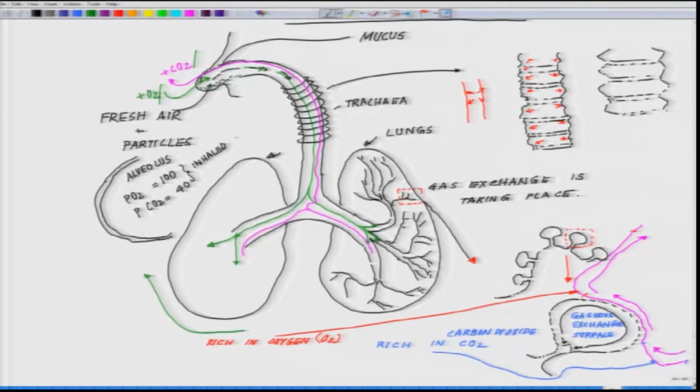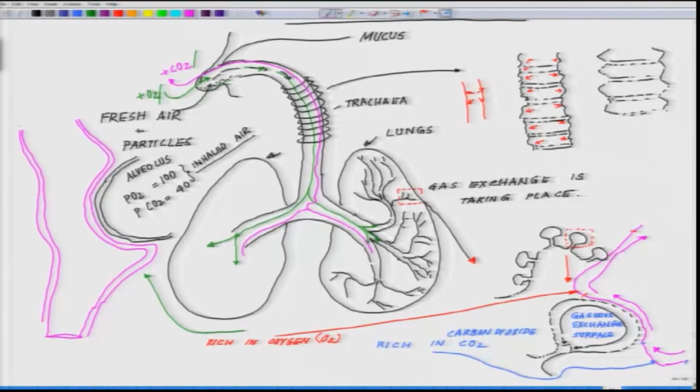Okay. Now, there is a blood vessel which is traveling along, as I showed you in pink. Let me redo that. Okay. Almost fully touching the surface of it. This is the cross section you are seeing.